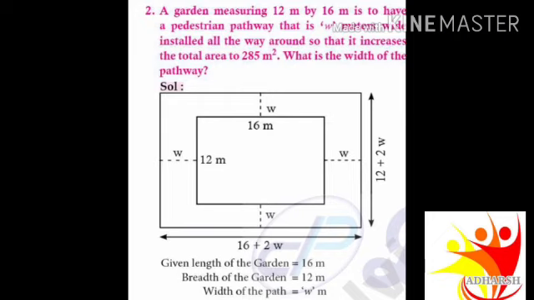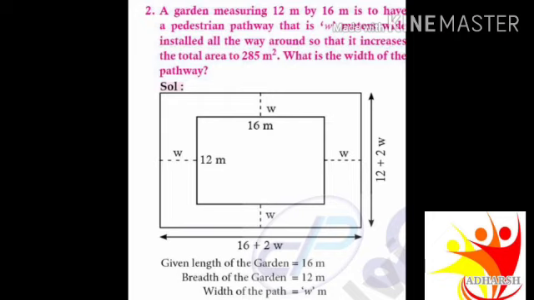The total area is 285 meter square. That is the outer rectangular box. We find the width of the pathway, that we call W. That is the rectangular garden. Now the inner rectangular length is 16 meter, breadth 12 meter.